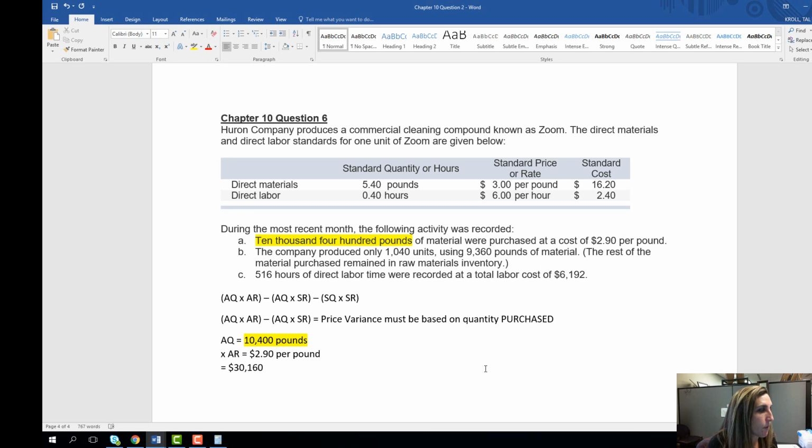The next section of the problem would say that I need to multiply my actual quantity times the standard rate, which is given in the problem as $3 per pound. I'm going to highlight that. That is found right here.